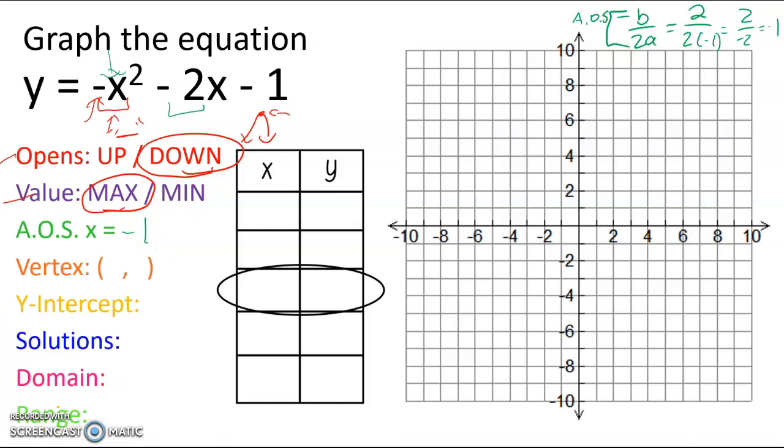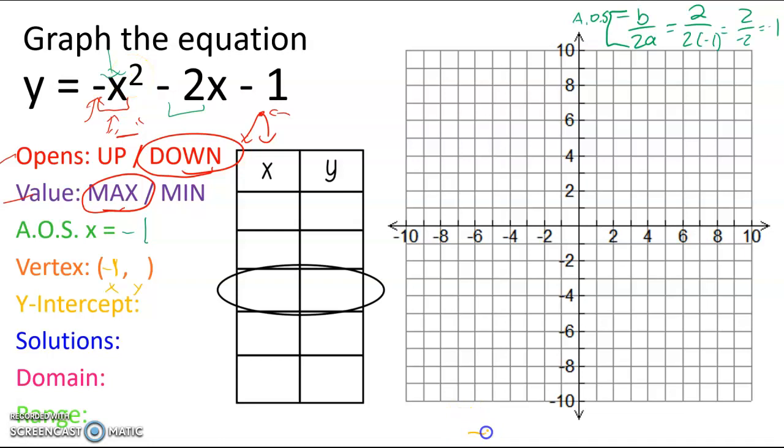Then, for my vertex, I plug in a -1 for my x value. That's my x value, my axis of symmetry. Whatever number I get for my axis of symmetry is the x value for my vertex. I still need to find the y value. Now for the y value, I just plug in the -1 for my x there.